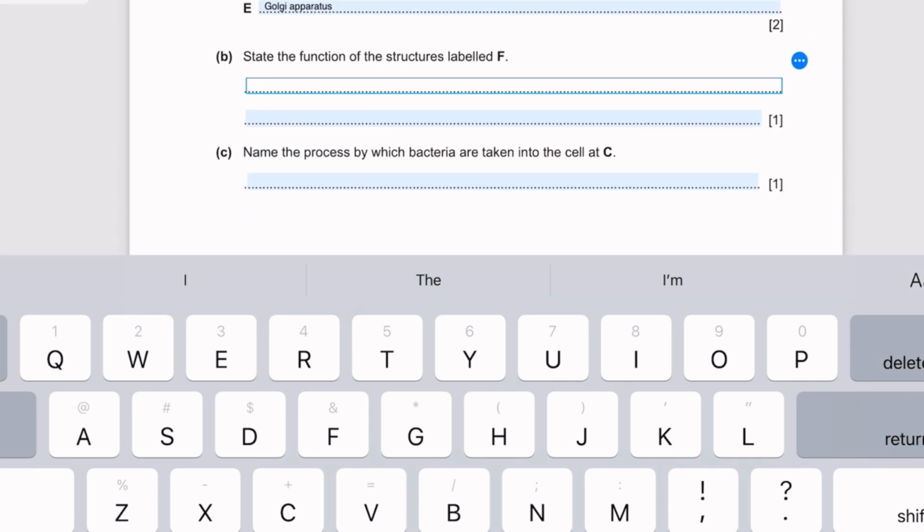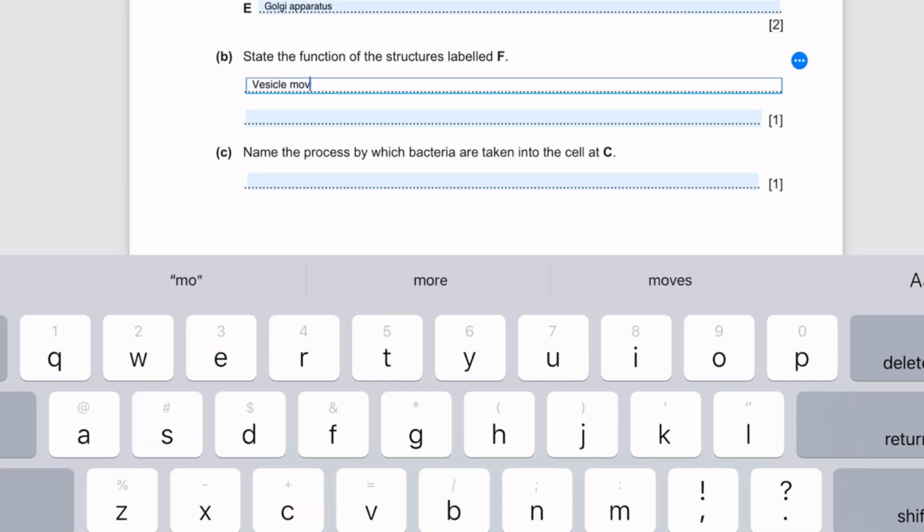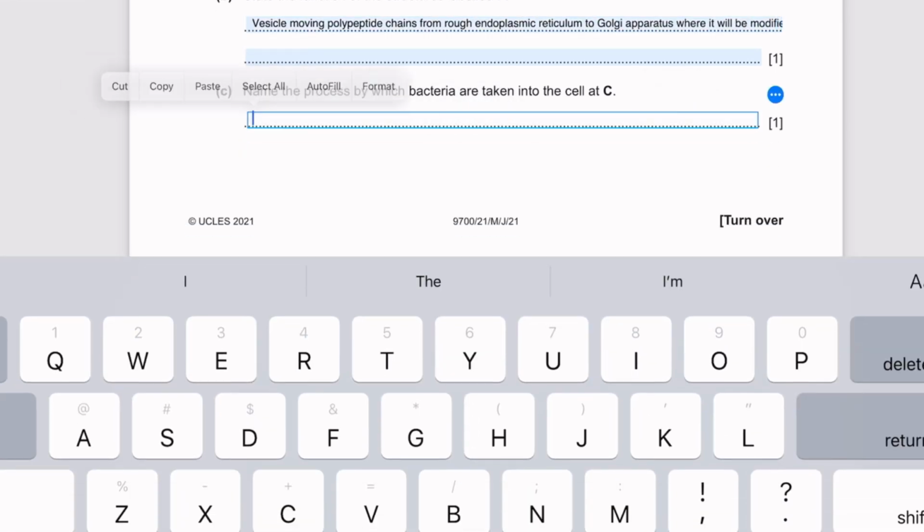So I would assume it's a vesicle moving polypeptide chains from the rough endoplasmic reticulum, which we could say just RER, to the Golgi apparatus, where it will be modified.